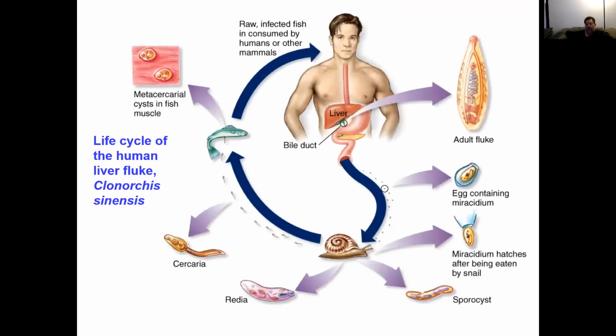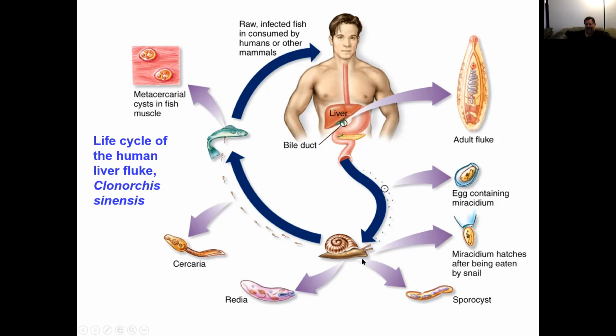So here's an example of how it can be a parasite, the non-free living ones. Here we have this guy who has eaten raw fish or other animals, other mammals. The eggs go into their body as adult flukes, and it'll sit on their liver or some other portion of their body and live, and will put eggs into their digestive system, and then it'll be pooped out.